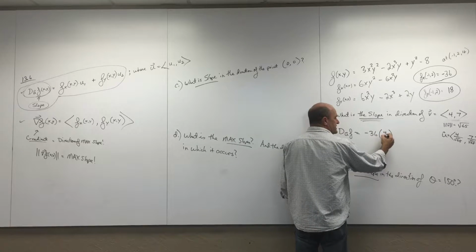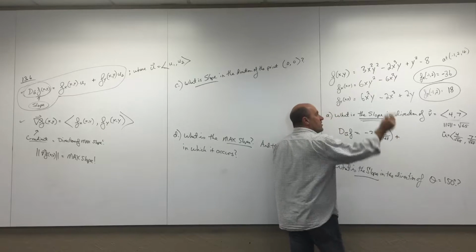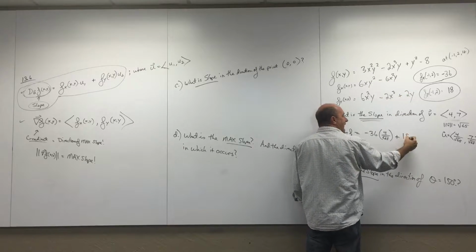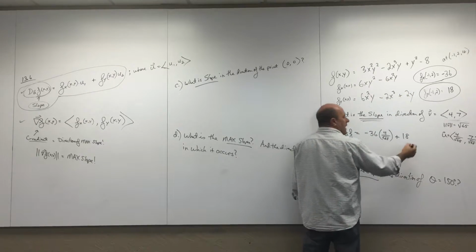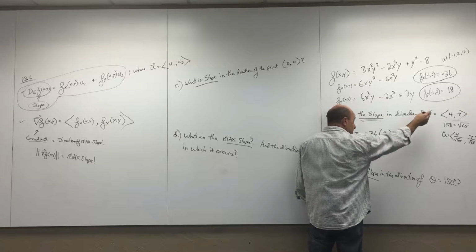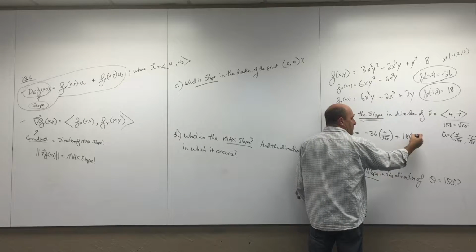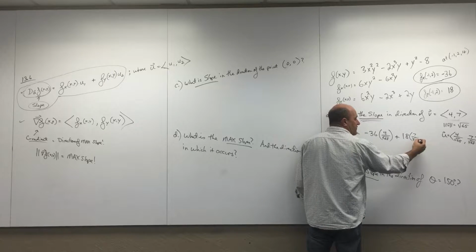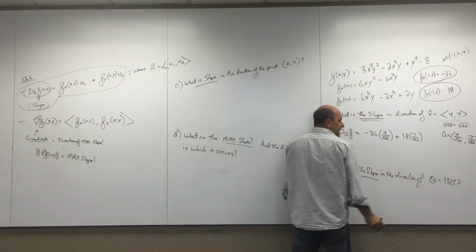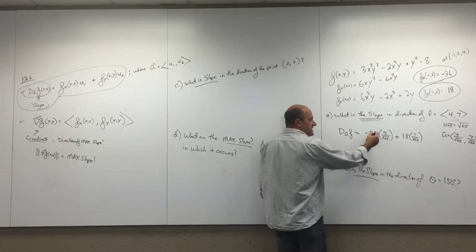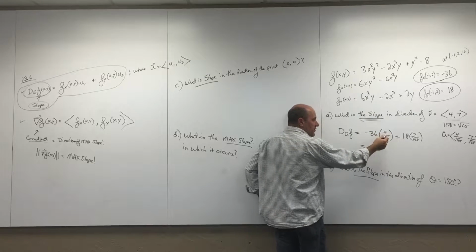And what I need here is the x component of the unit vector, plus the partial derivative with respect to y at this point in this direction would require me to multiply by the y component of the unit vector. And so this is cool. That's a negative 72, or no, it's not.